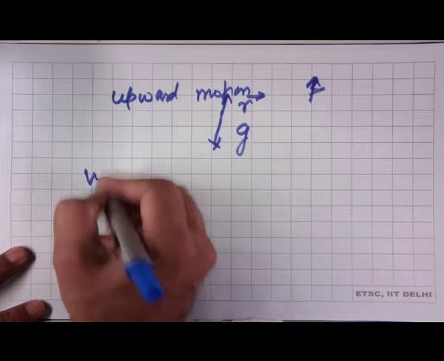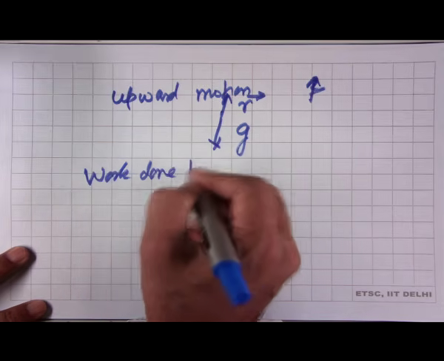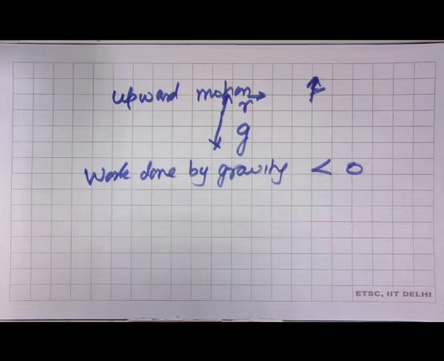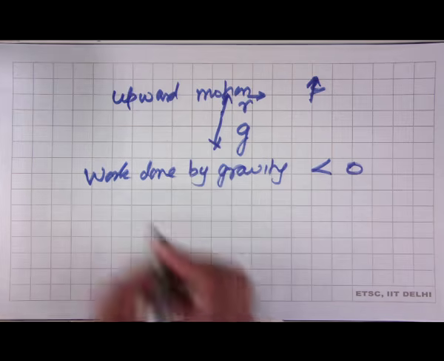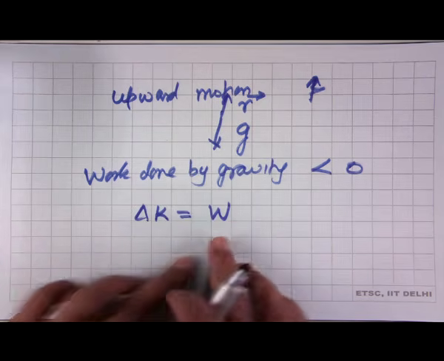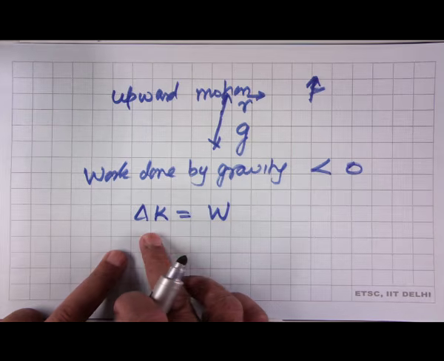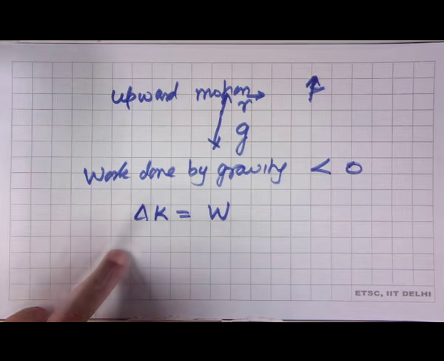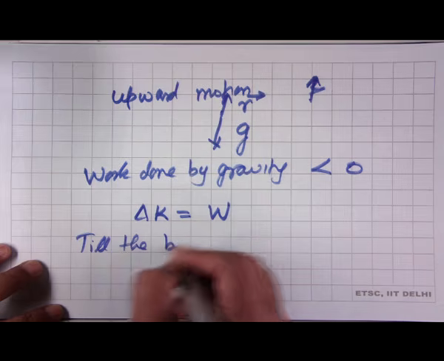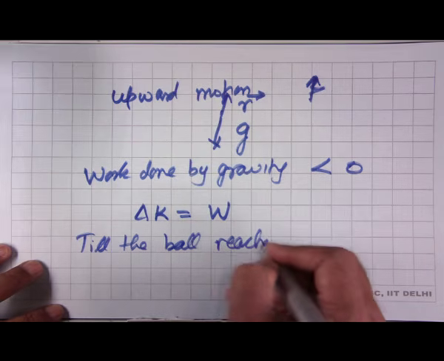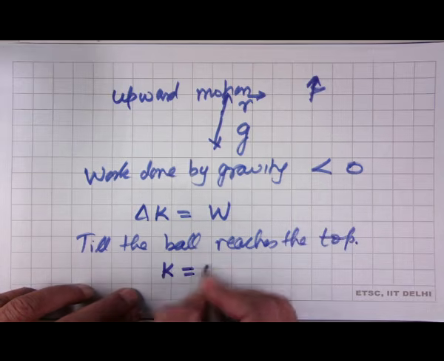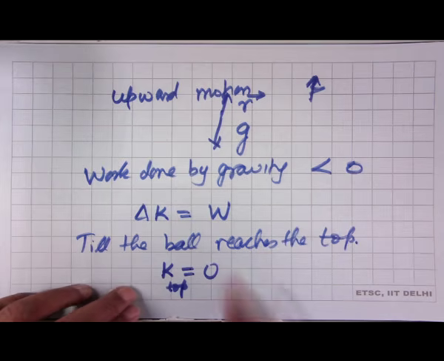Therefore, the work done by gravity is negative, and that is why, since change in kinetic energy is equal to work done, the kinetic energy reduces till the ball reaches the top, where the kinetic energy becomes 0.